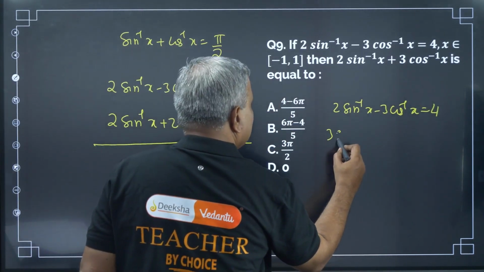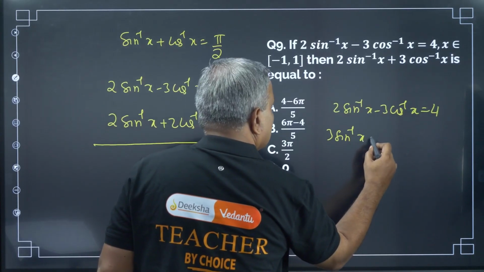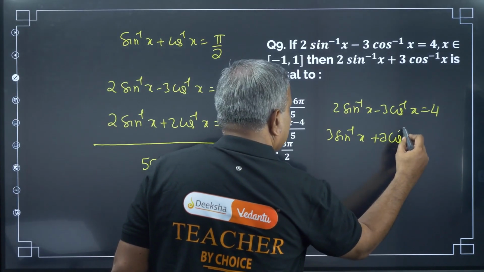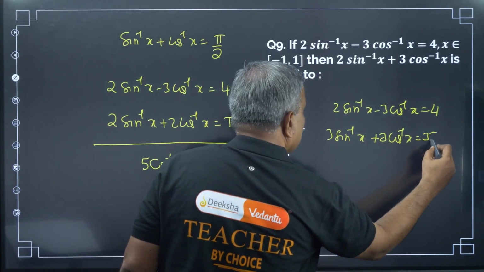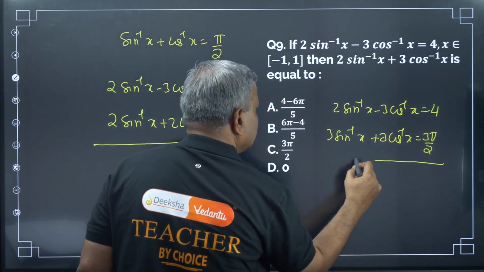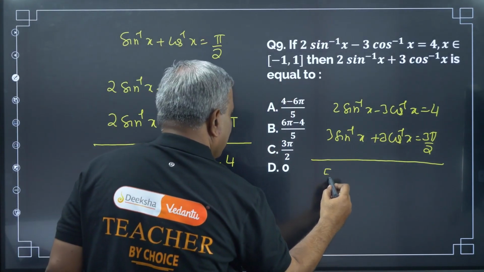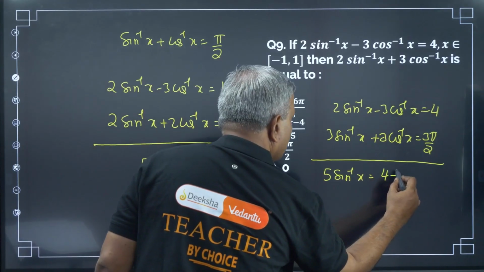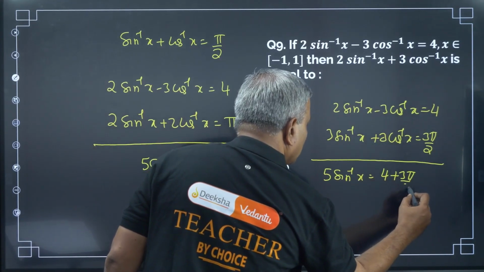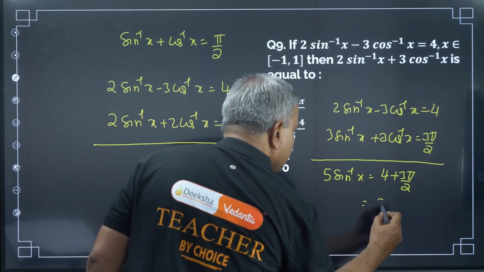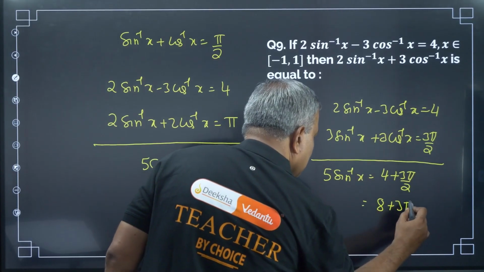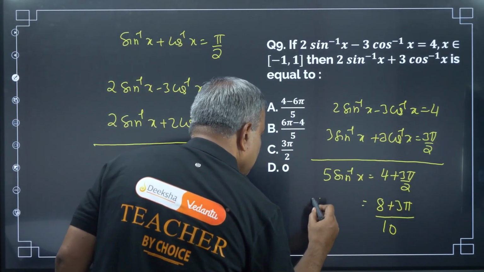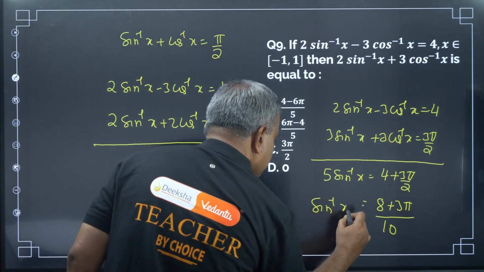So 3 sine inverse x plus 3 cos inverse x is equal to 3 pi by 2. Add both, you get 5 sine inverse x is equal to 4 plus 3 pi by 2. This will give you (8 plus 3 pi) by 10 is equal to sine inverse x.